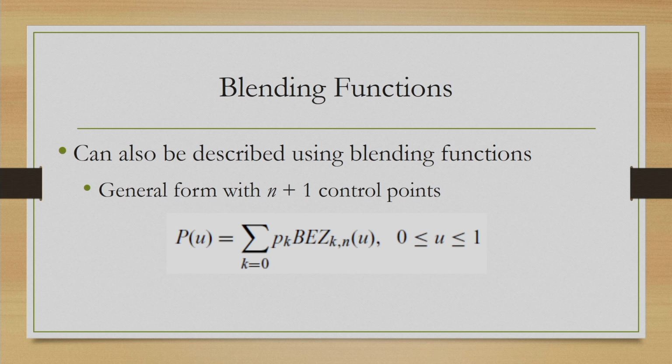There is actually a blending function representation also for Bezier curves. We already said they are equivalent, but the blending function representation for Bezier curves is also quite popularly used, which has a general form something like this, where Pk are the control points and Bez are the blending functions, and the function is defined within this range, u between 0 and 1.